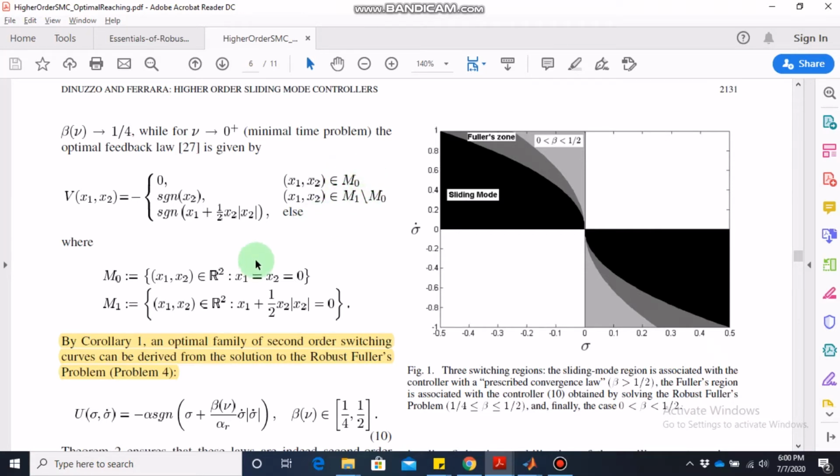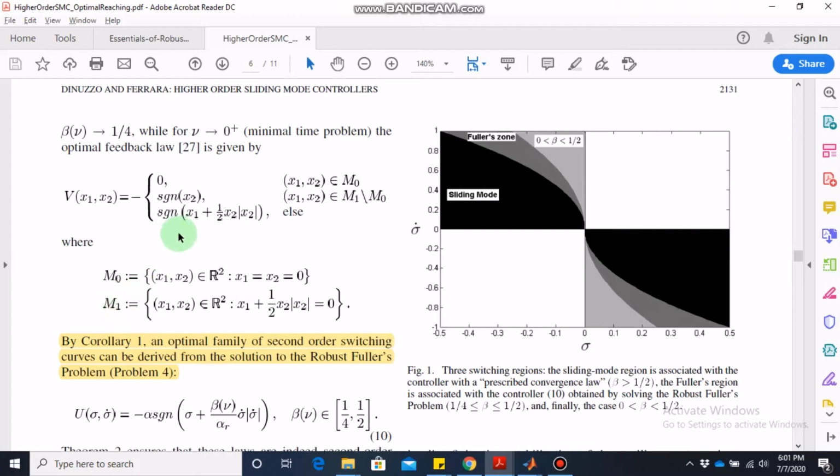So m1 is the manifold where x1 plus 1/2 x2 times the absolute value of x2 is equal to 0. If this equation is satisfied, then all those points at which this condition is satisfied belong to the manifold m1.